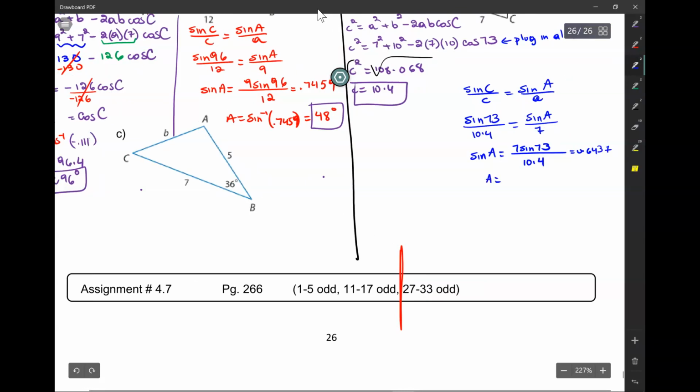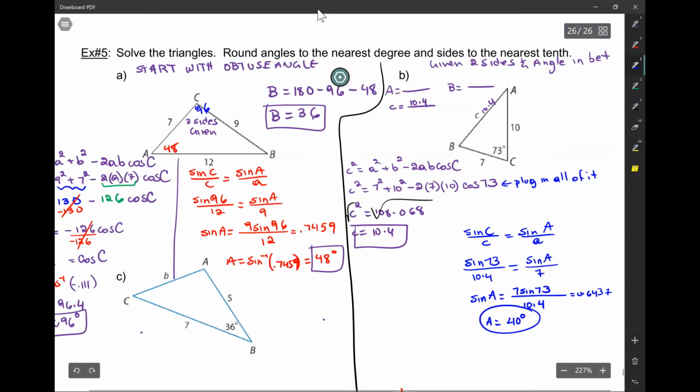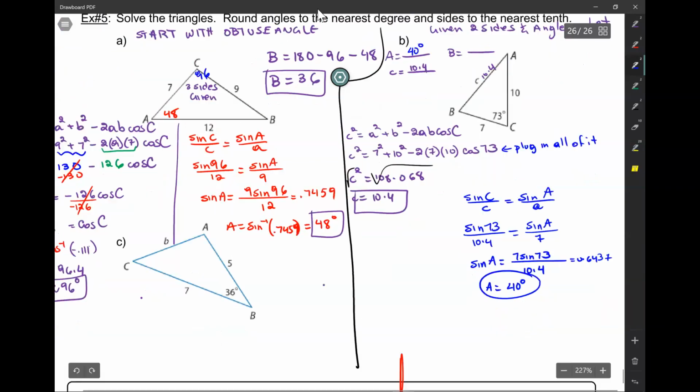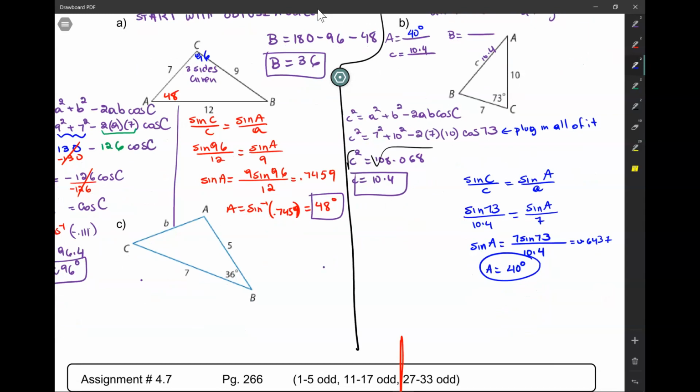Anybody have angle A? 40 degrees. How are we going to find B? Exactly. And how much is that? 67.